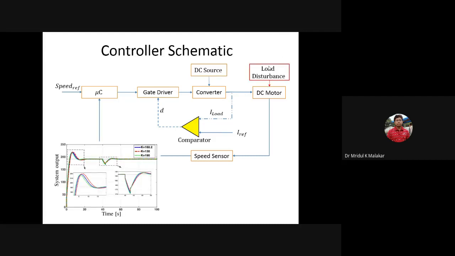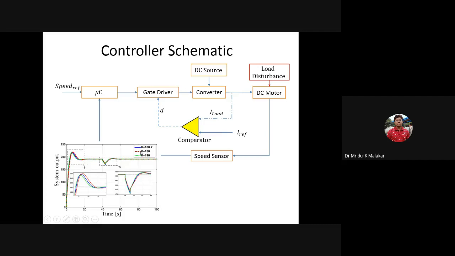So what happens if you observe the Kp, if you change the gain of the system? You observe that different gains are there. Based on different load parameters, this gain continuously needs to be adjusted. 190, 130, 160.2 are three values I have taken. I simulated one system to understand how it changes.